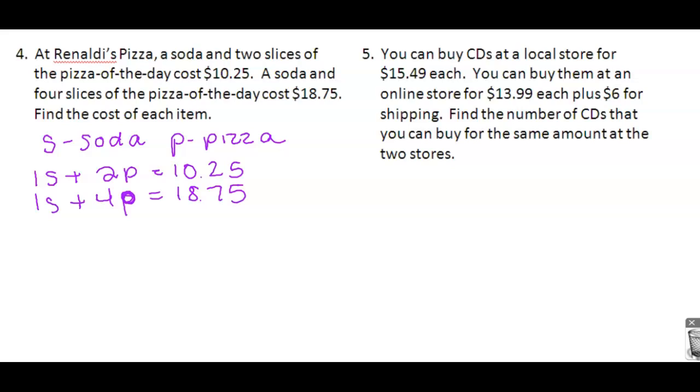So if I'm picking a variable to plug in, I want to pick a variable that has a coefficient of 1. So I could pick either the top or bottom equation to solve for soda. It does not matter which one you pick. It's going to work out the same either way. So if we pick the bottom one, 1 soda would be $18.75 minus 4 slices of pizza.